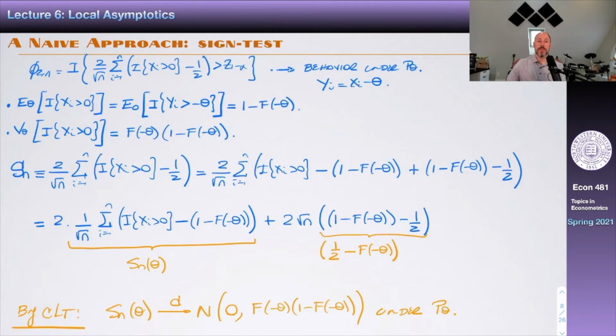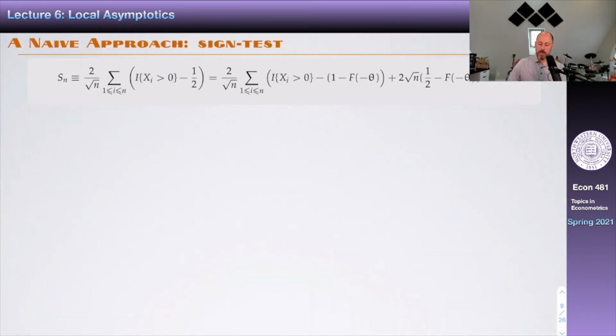Under distribution P theta, that convergence happens. And now we have this equation over here that gives us a relationship between the statistic that we have, the sign test statistic, and something that we know and some extra factor that is going to be floating around.